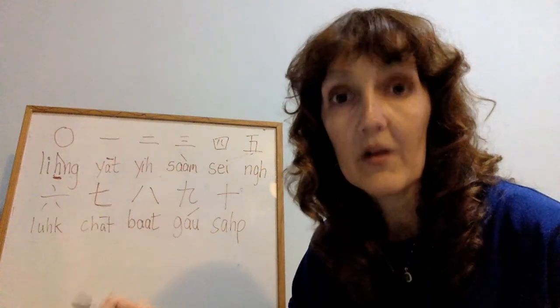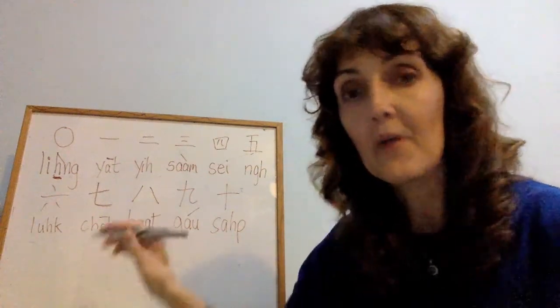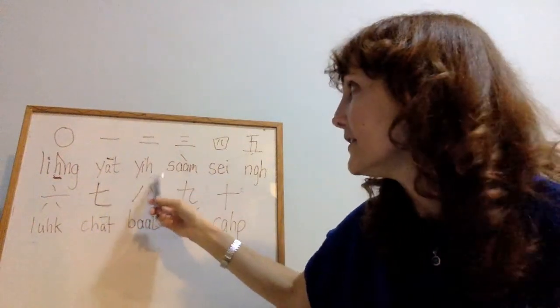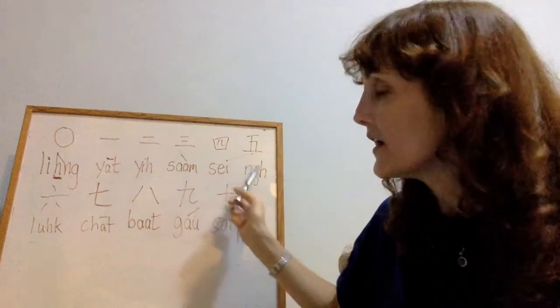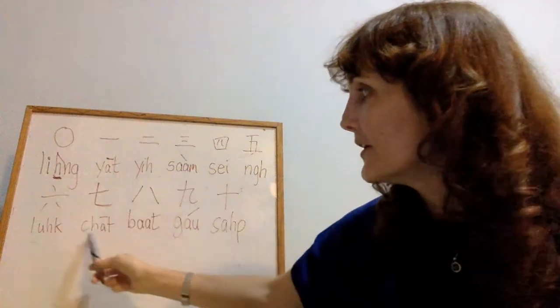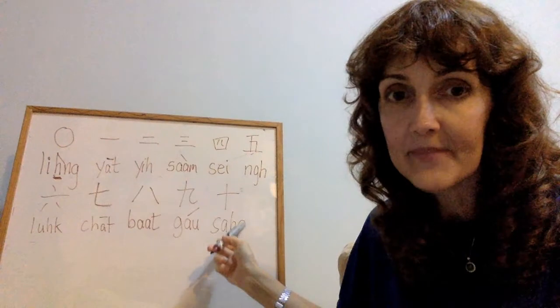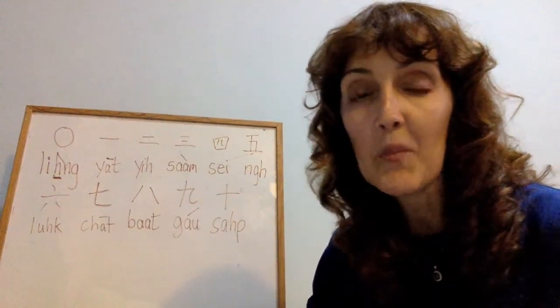So just remember H is low, okay? Here we go. We've got Leng, Yat, Yi, Sam, Say, Lo, Tat, Bat, Gao, Sop. Okay, so let's have a go at mixing them up.